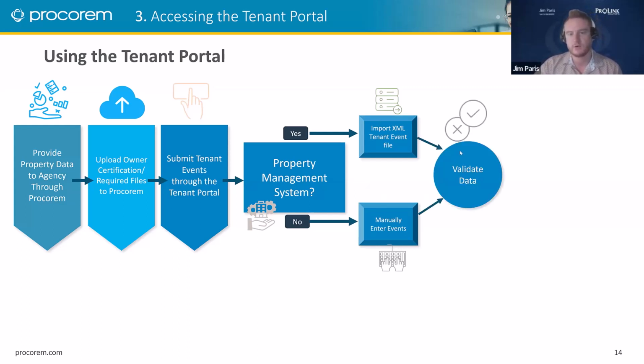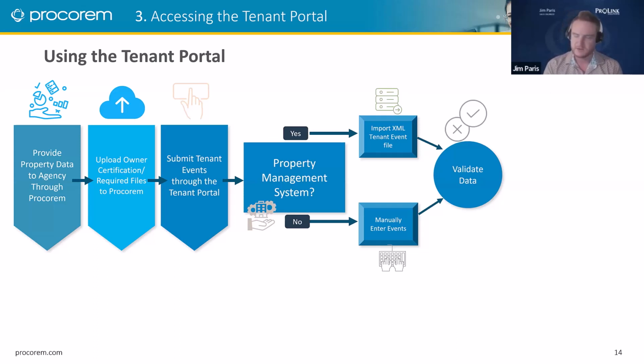And once you import or enter that data, you'll do something called validation. So our system will check for anything within that submission that doesn't really make sense. So let's say you have the same tenant in 2021 that you had in 2020, but it's marked as a move-in. It'll point out weird anomalies like that to make sure that your file is ready and good to go.